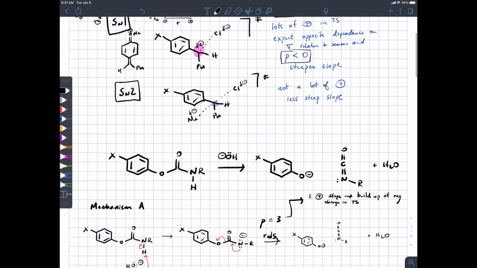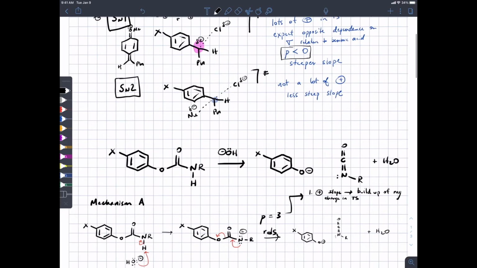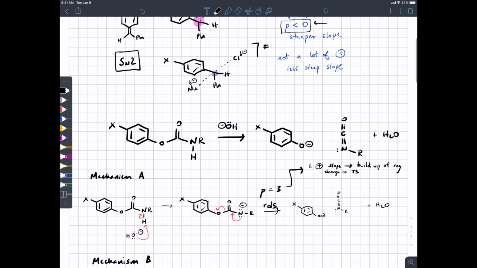Yeah. So it's just all about the rho value, the slope you get when you compare rate of having X here versus hydrogen there, with the sigma values from the benzoic acid reaction. What does that rho value tell you about the transition state of the rate determining step?